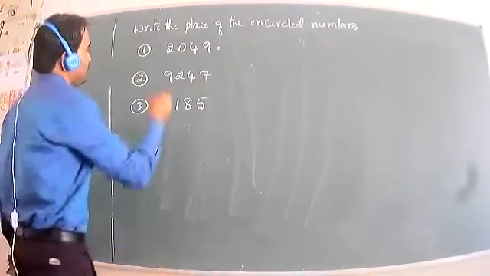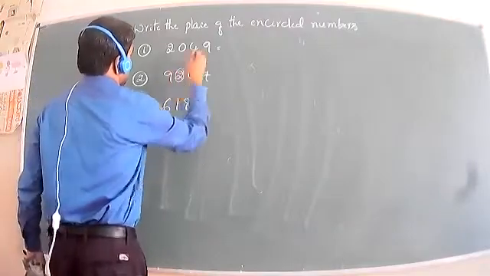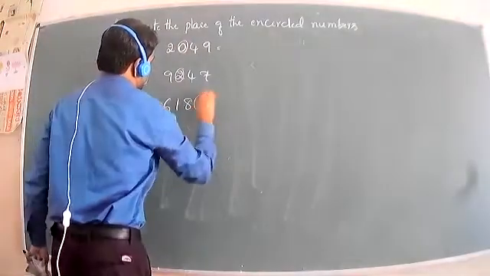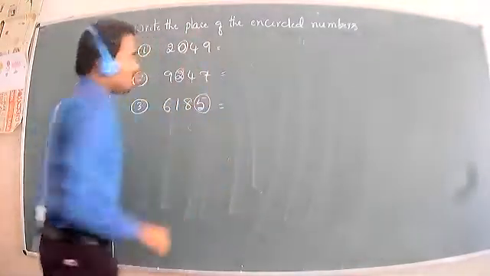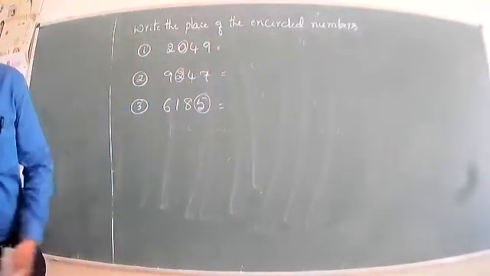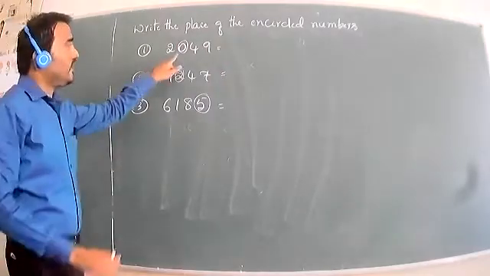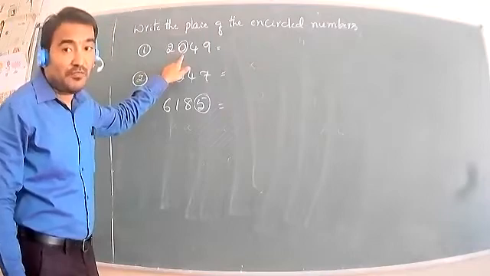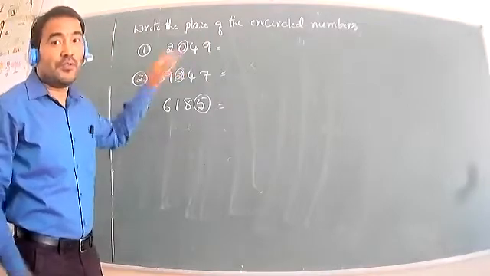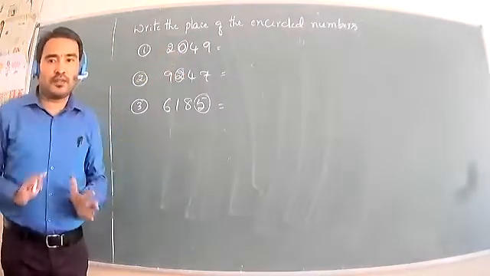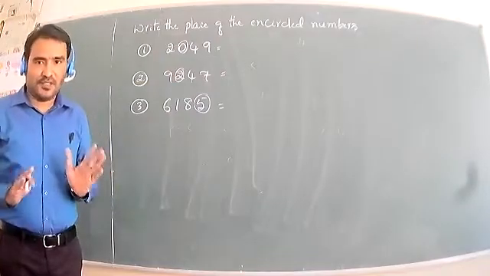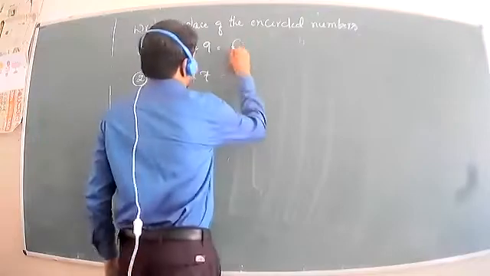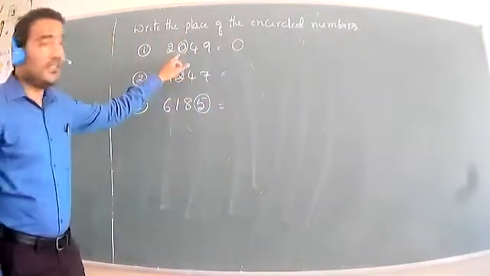Write the place value. Tell the place value of 0. What is the place value of 0? It is in the hundreds place. So we should multiply 100 into 0. We get 0. 0 times any number is 0. The place value of 0 is 0.